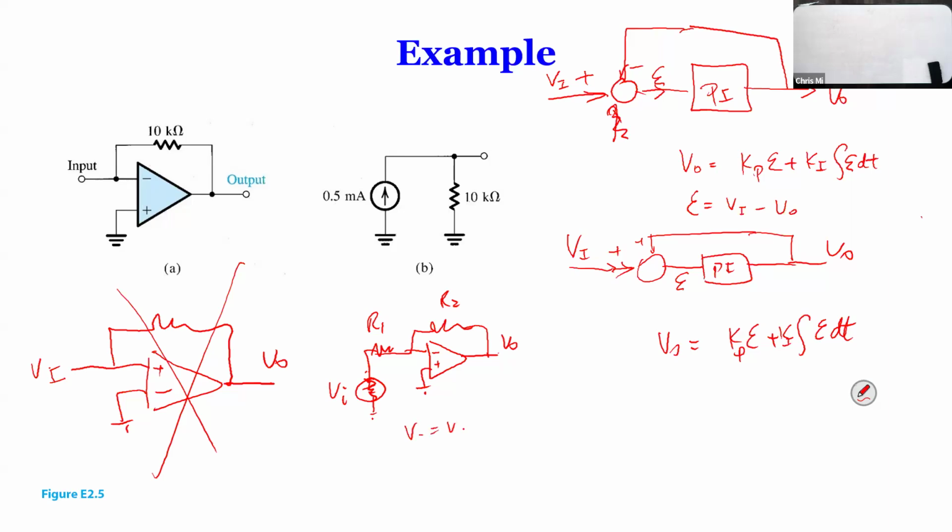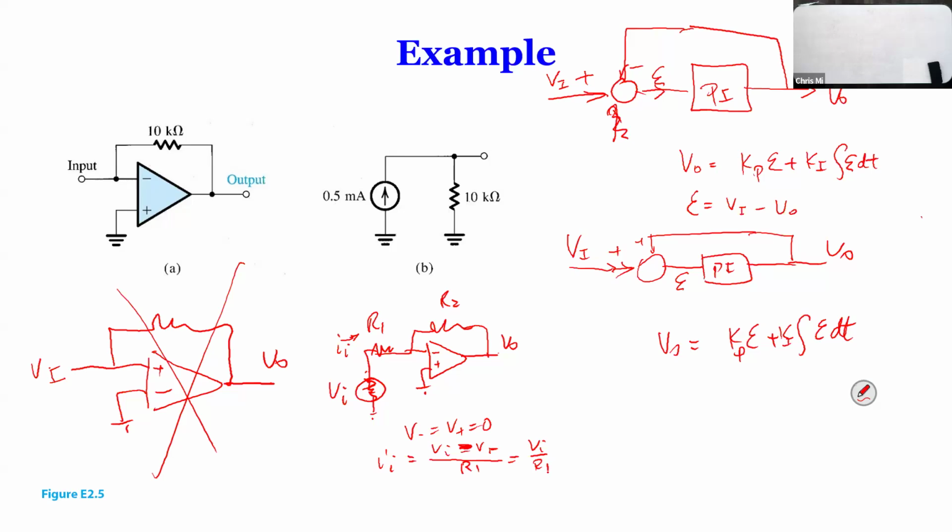V minus equals V plus equals 0, because V plus is grounded, and V minus has to be the same as V plus. So therefore, I1 equals (Vi minus V minus) divided by R1, which is Vi over R1.